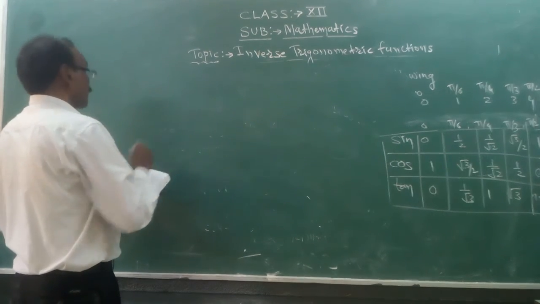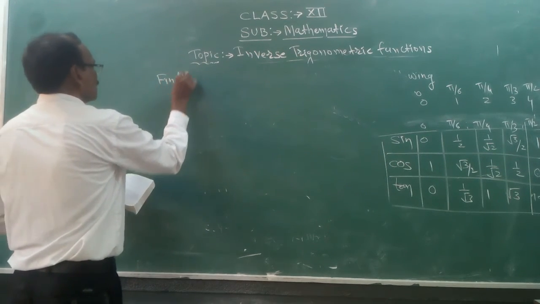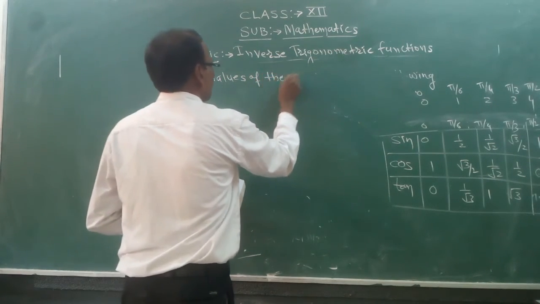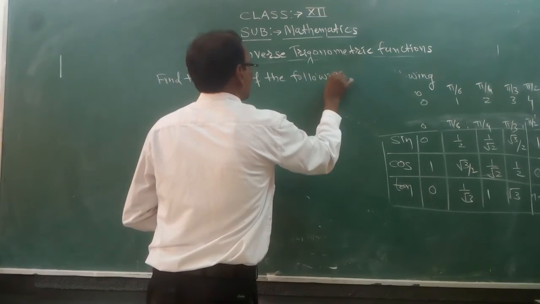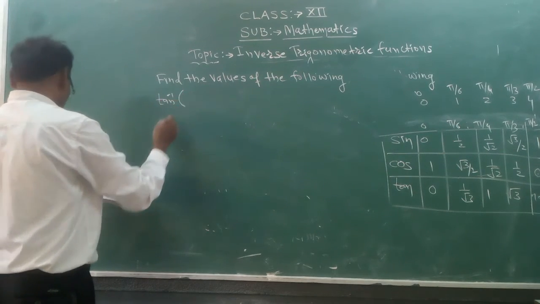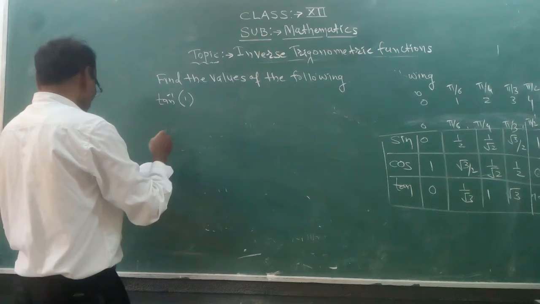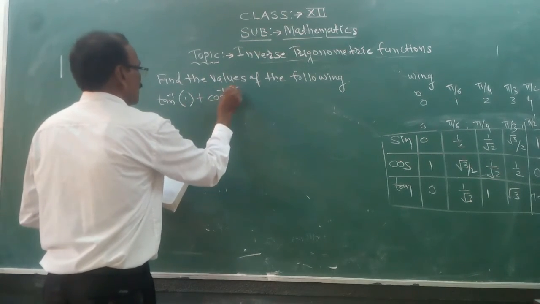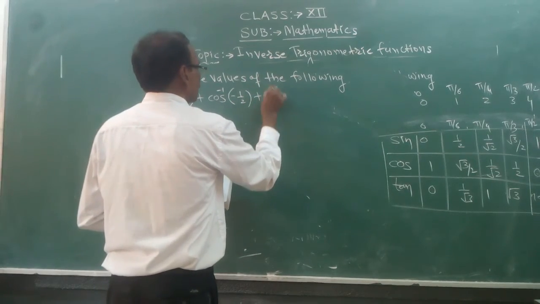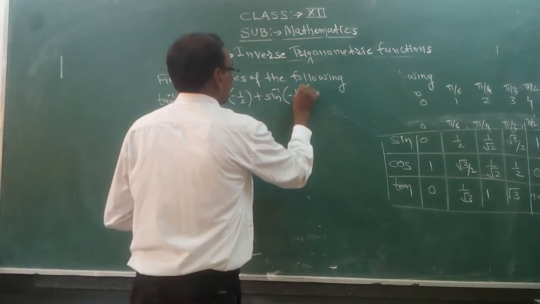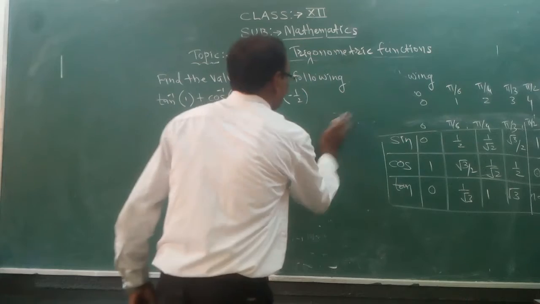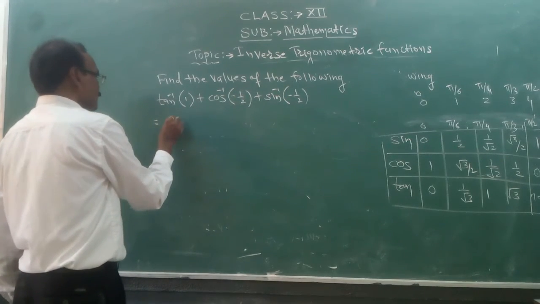Find the value of the following: tan inverse 1 plus cos inverse minus half plus sin inverse minus half. Okay, so you can write here, tan inverse 1 is pi by 4.